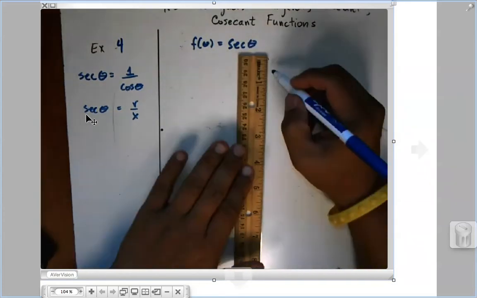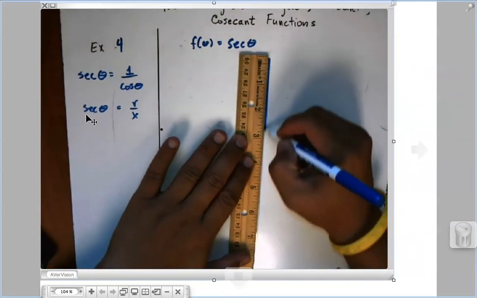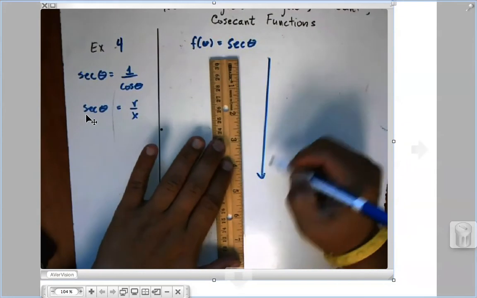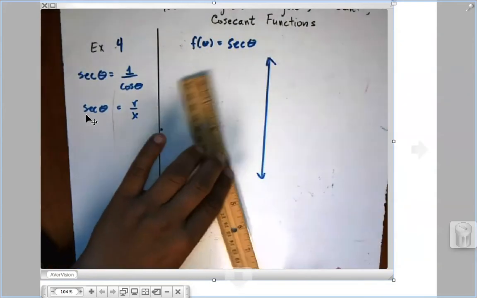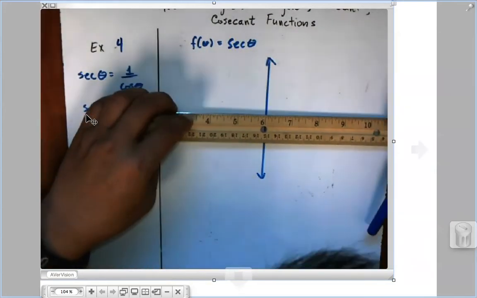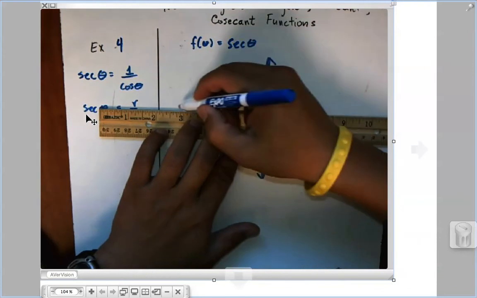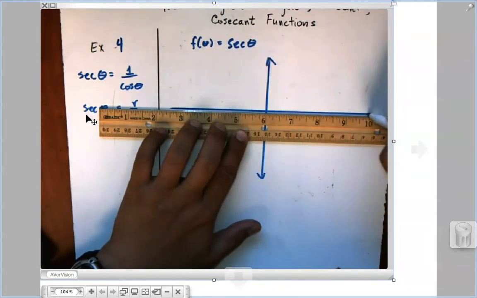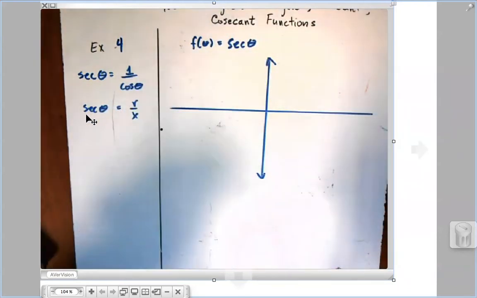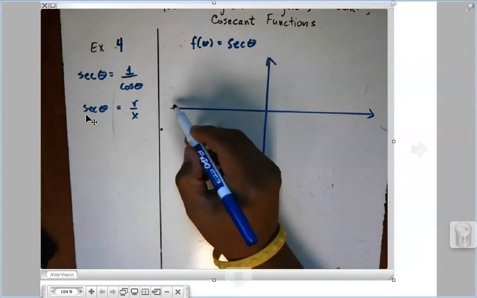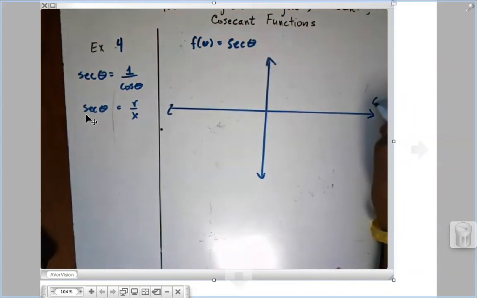What you really should do here is hit pause, see if you can graph this by yourself, maybe even without a graphing calculator, and then hit play and compare your results to my results. So again, this here is theta.